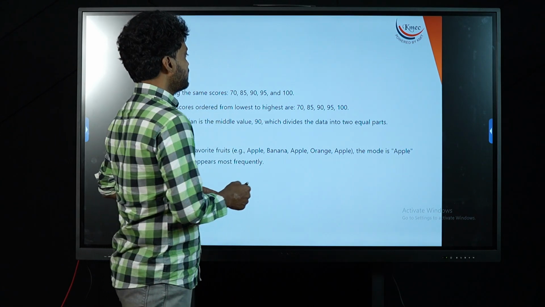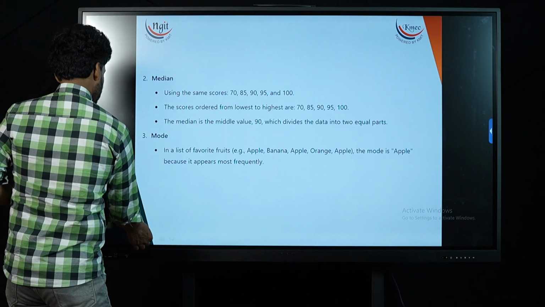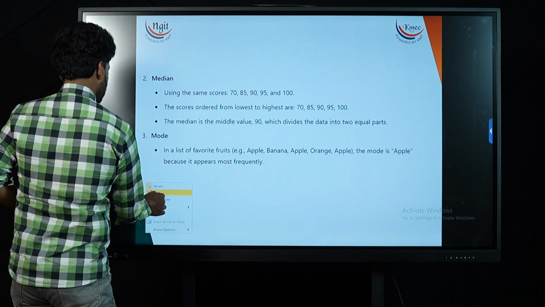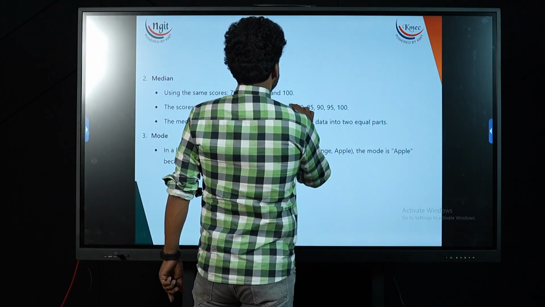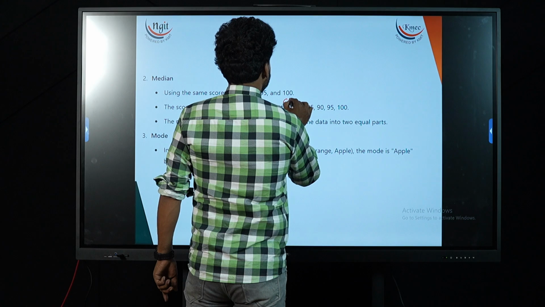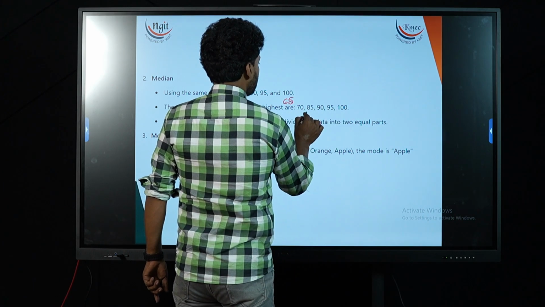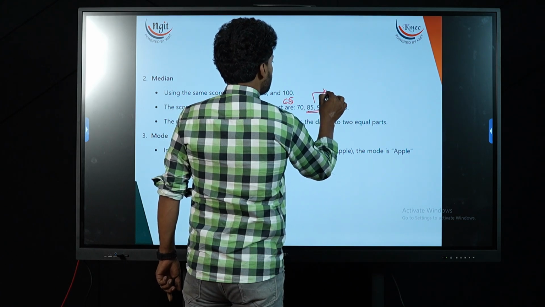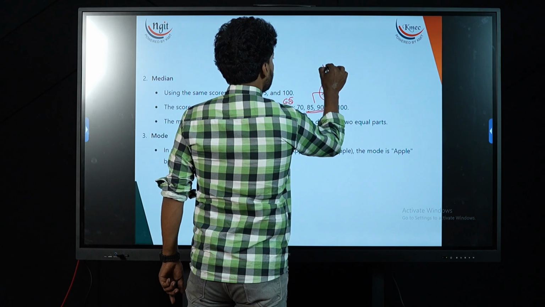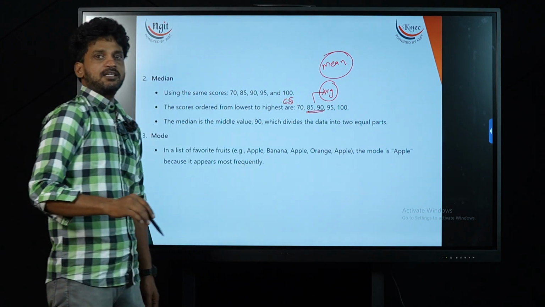For example, there is one more data set: 65, 70, 85, 90, 95, 100. Now here we take the middle 2 points, take the average, and that will act as the median. So the median gets calculated.